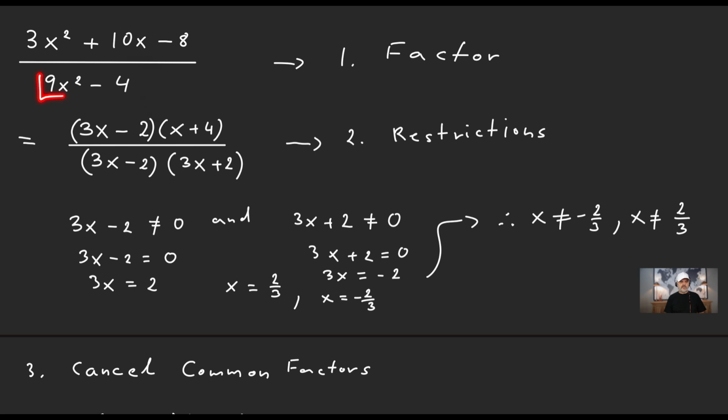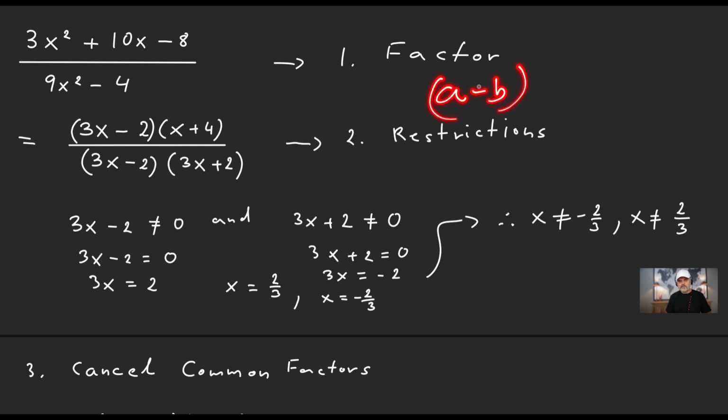The denominator, 9x squared minus 4, is a difference of squares application. If you remember the a squared minus b squared formula, this is equivalent to a plus b times a minus b.